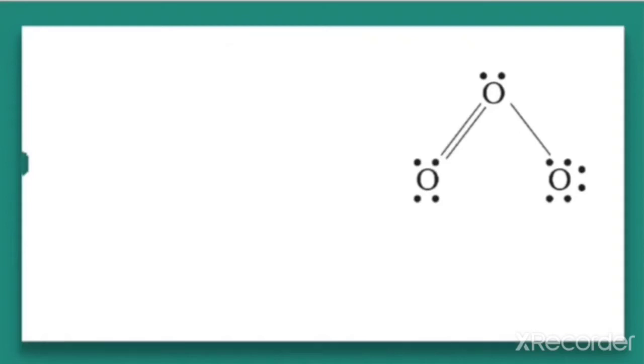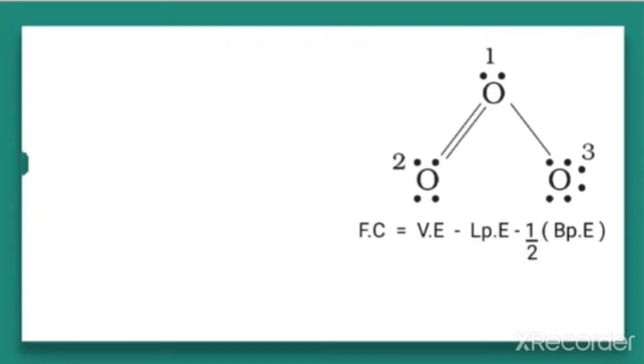Once you make a mistake in the Lewis structure, you will get the formal charge wrong. So you need to make the Lewis structure correctly first. Since in this molecule there are 3 oxygen atoms, let us number them 1, 2, 3: the first oxygen atom, the second oxygen atom, and the third oxygen atom.